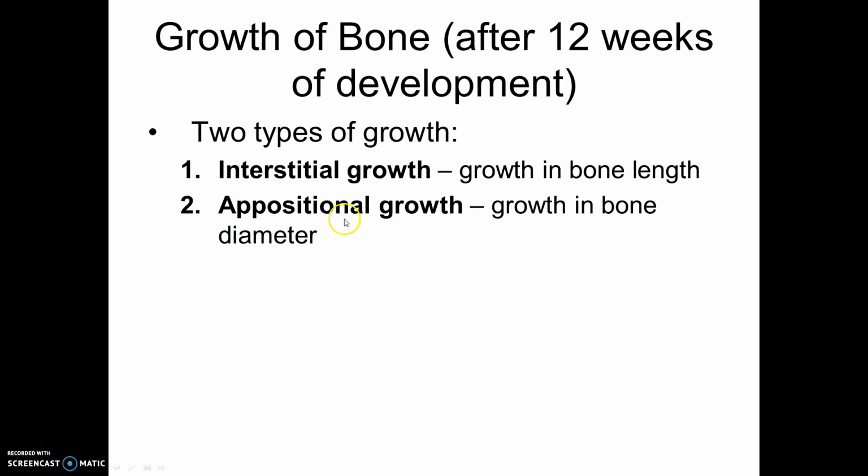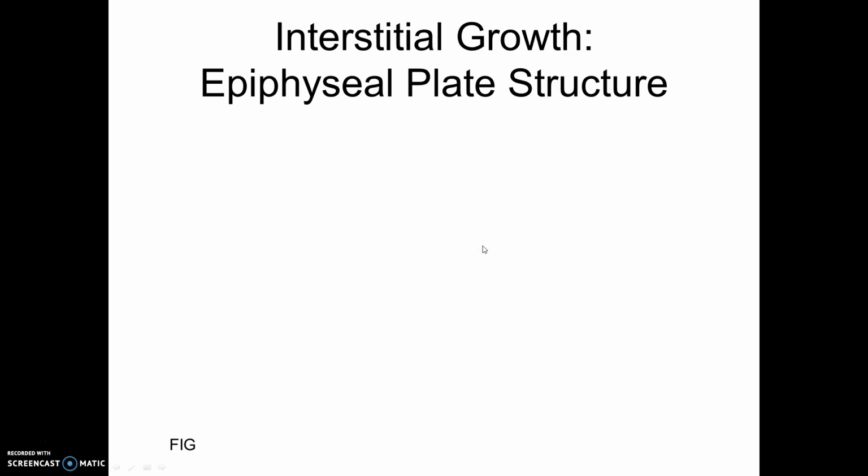And appositional growth continues through childhood and then a little bit into adulthood as well. All right, so let's talk about interstitial growth. These are the same terms we used with the growth of cartilage, if you recall. Growth from the interior versus growth from the exterior is how those two terms apply.